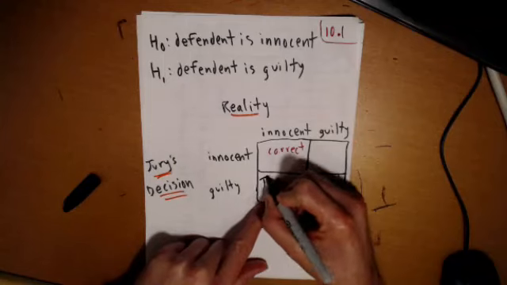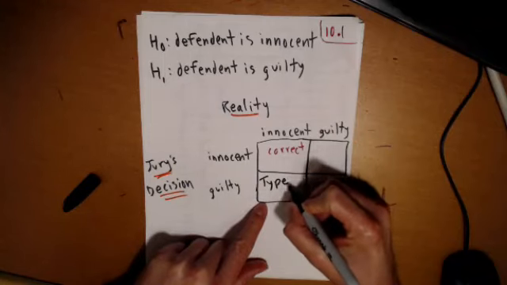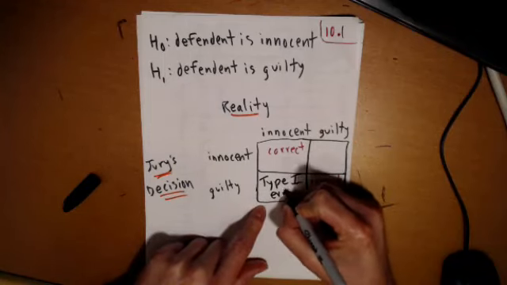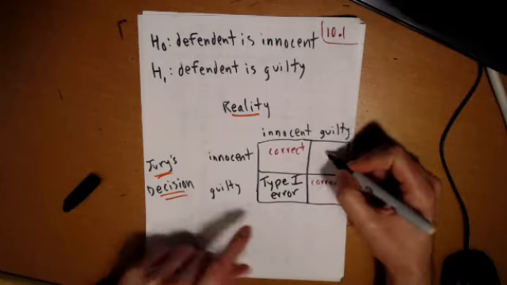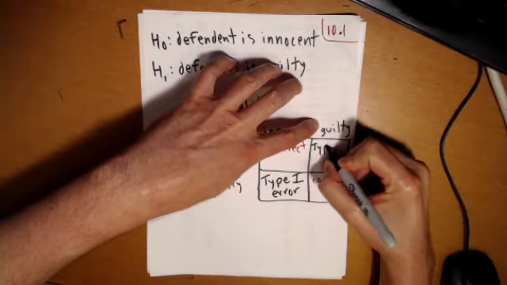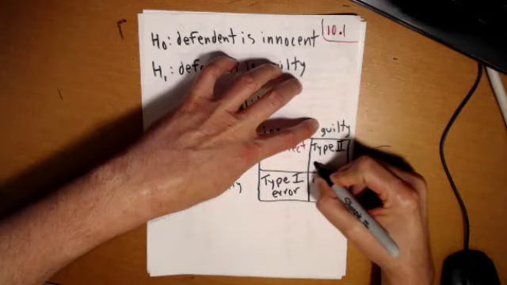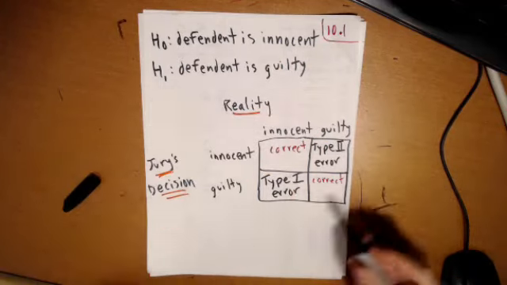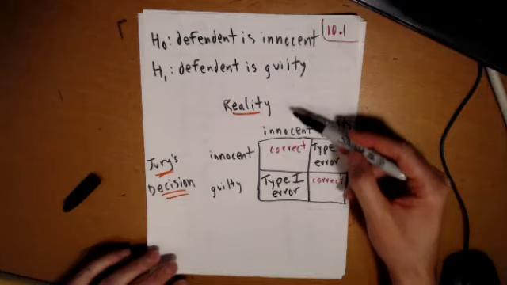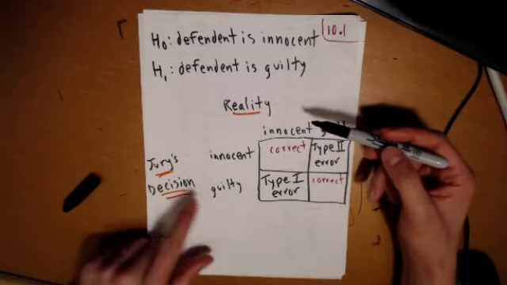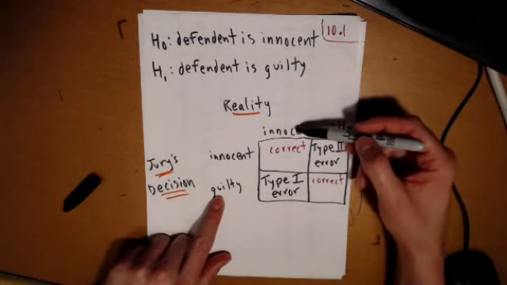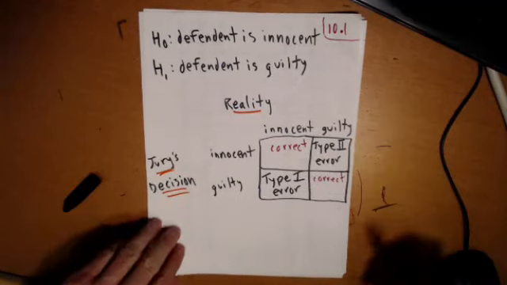So we would call this one a type 1 error, and therefore the other situation must be a type 2 error. So in our justice system, the type 1 error would be saying that someone is guilty even though in reality they're innocent.